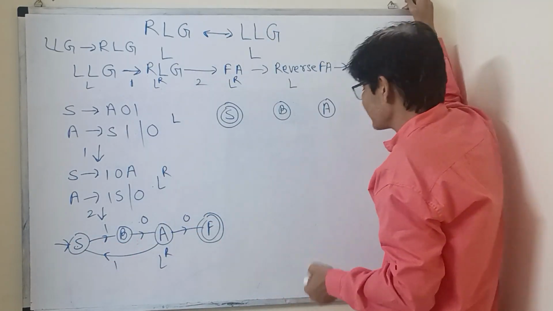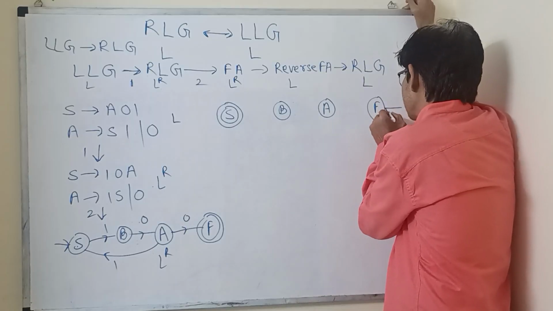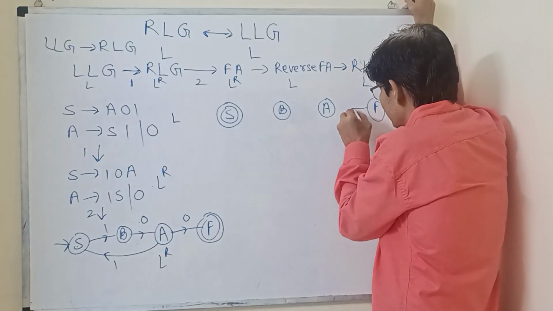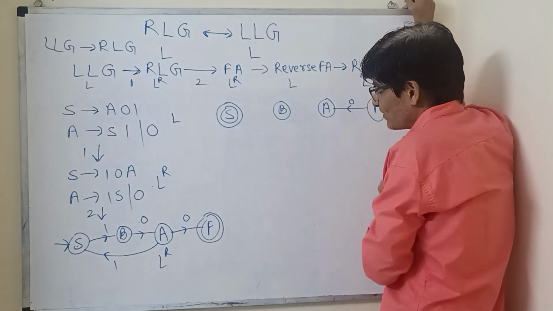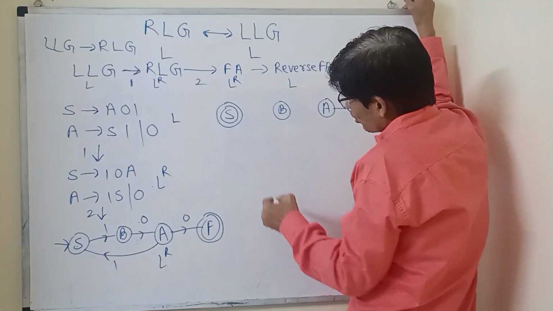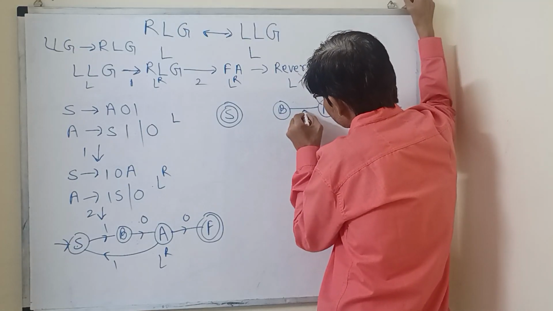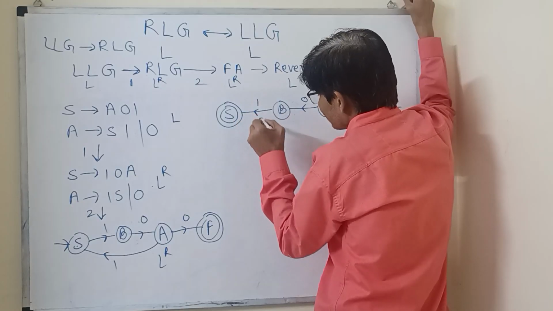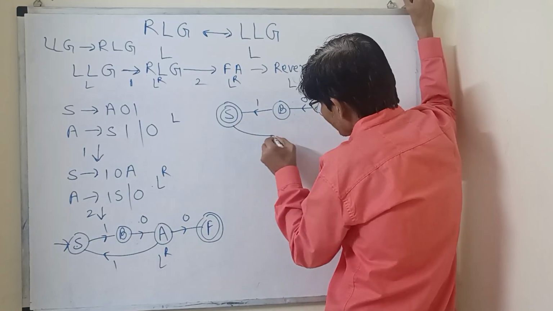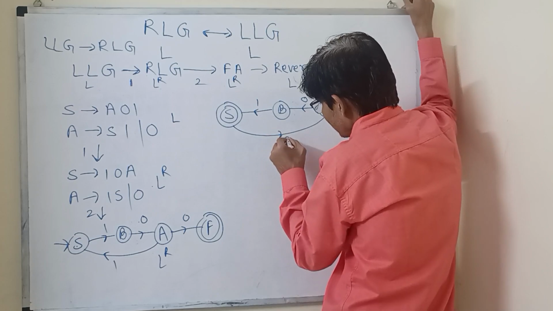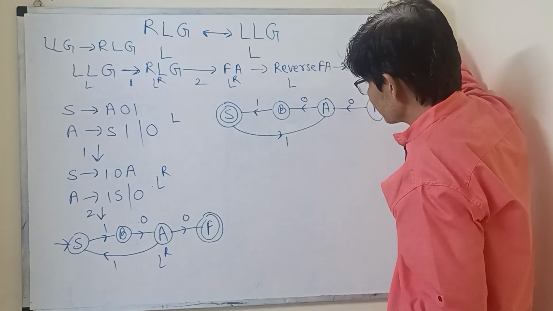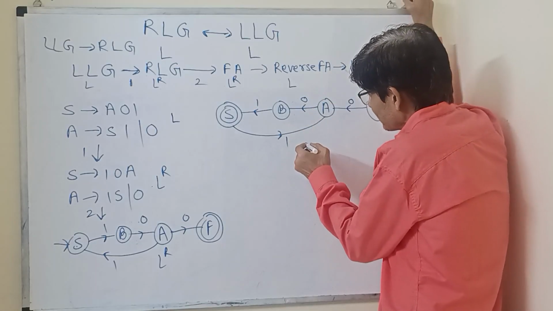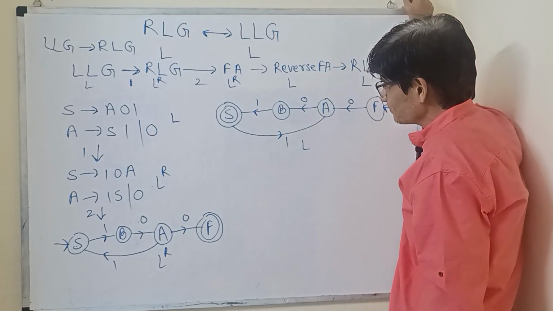F is the final state, so I will make it initial. And I will reverse the direction of all transitions. So on 0 transition, we are moving here. Then on 0 transition, we are moving here. Then on 1 transition, we are moving here. Then on 1 transition, we are moving here. Now this particular finite automata will accept the language L.